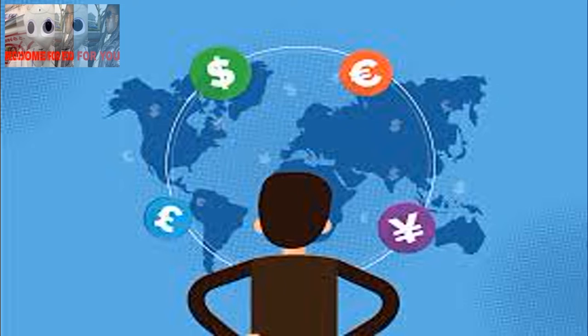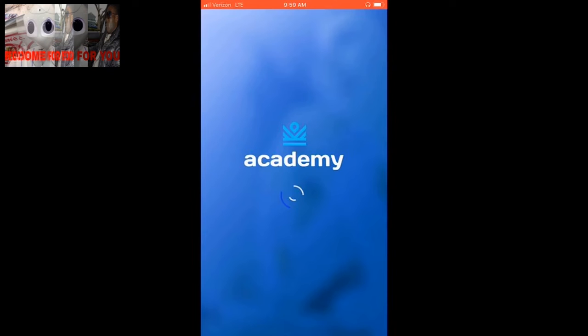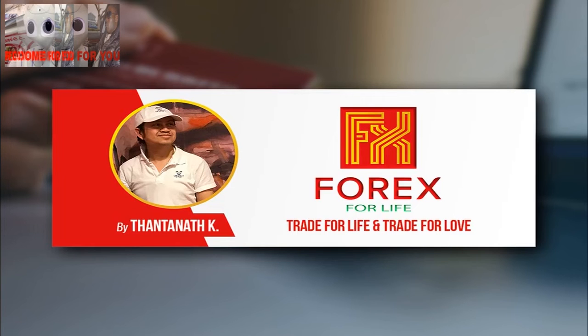Now, I want you guys to pay attention, especially if you are a beginner. Forex is just like when you are buying or selling the currency of one country against the other one. This is the simple definition of Forex. Let's say, in the physical term, like you took your dollar and you went to exchange it to the currency of another country.